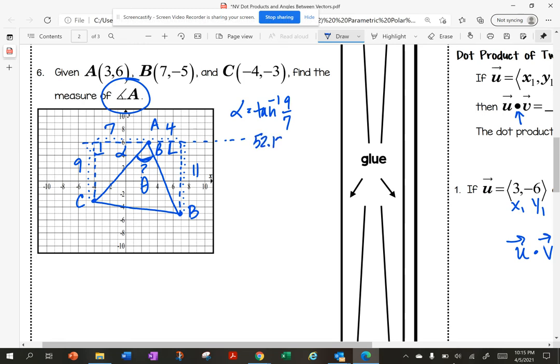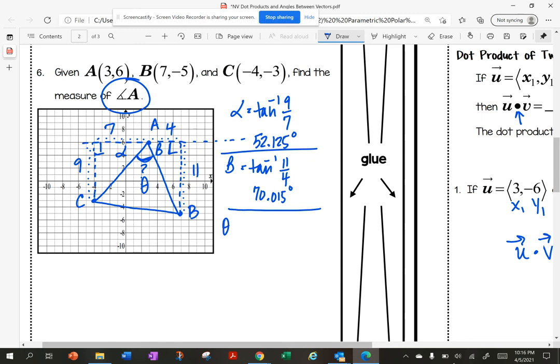Beta would be the tangent inverse of y divided by x, which is 11 divided by 4, which is 70.015 degrees.